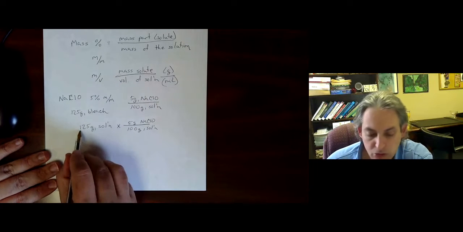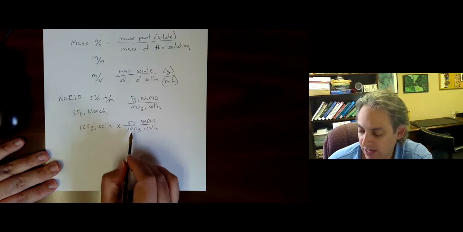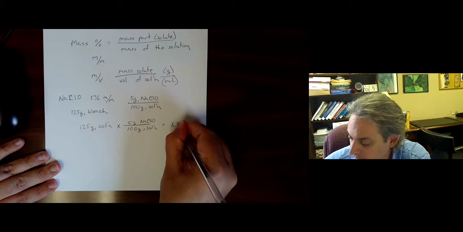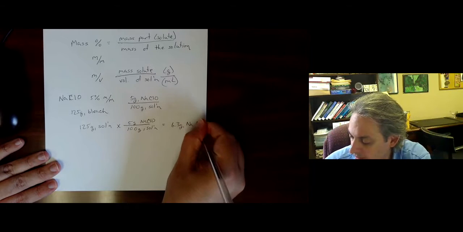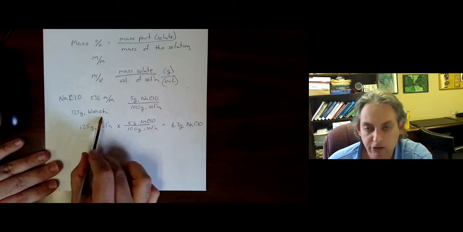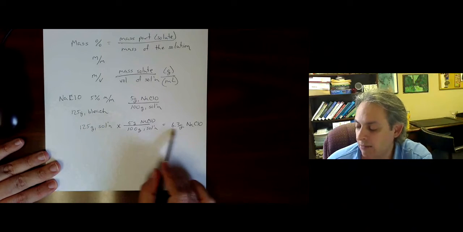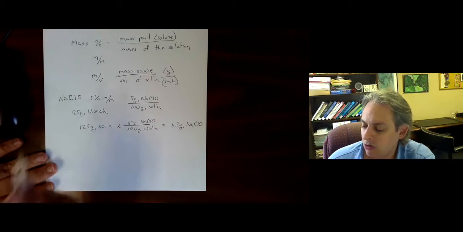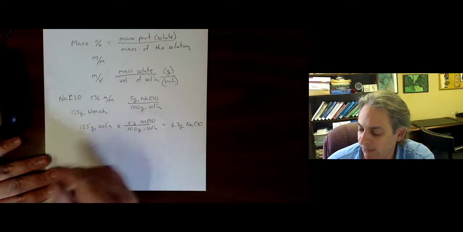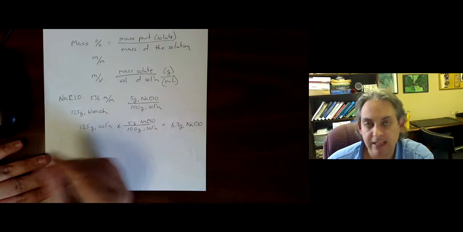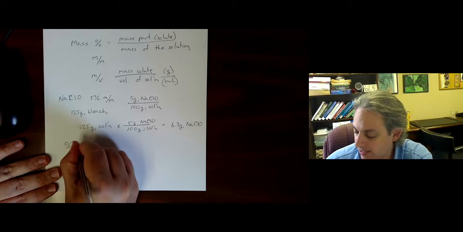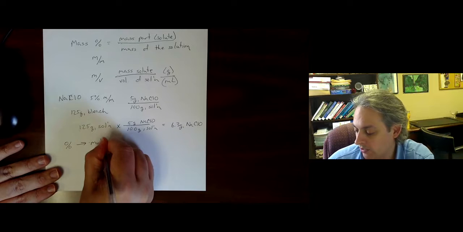So when we do 125 times 5 divided by 100, we're going to get 6.3 grams of sodium hypochlorite. So if we have 125 grams of bleach, then we have 6.3 grams of sodium hypochlorite in this solution. Whenever we have a percentage, remember, to get a percent, we multiply by 100.